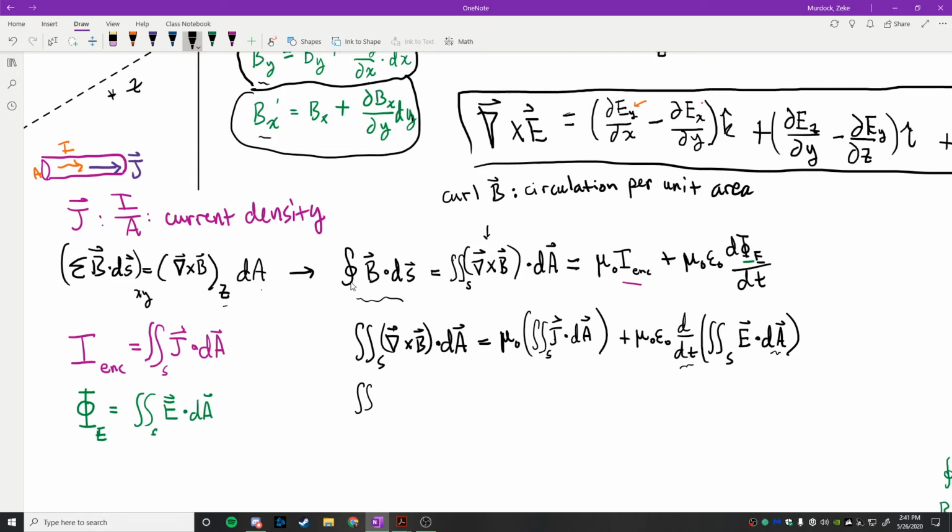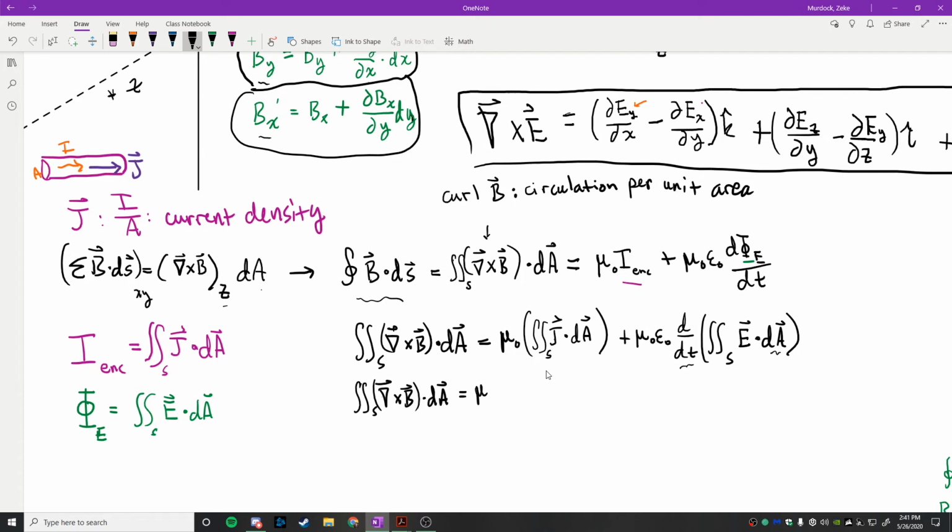So what do we have? Well, really, I only need to rewrite one thing real quick here. Now let's do it like this. The left-hand side ends up becoming the surface integral still of the curl of B dot dA. But the right-hand side now I can write in the following sense.